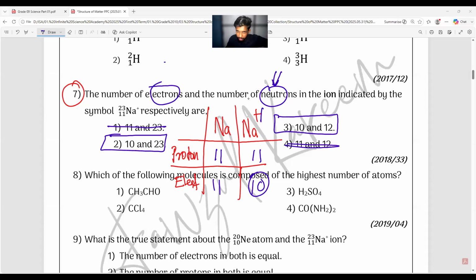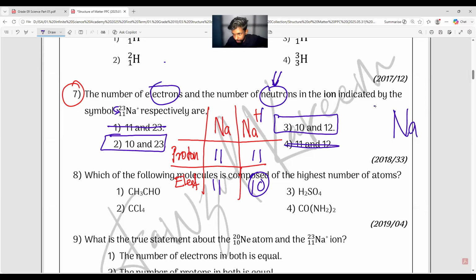If you want to find the neutrons, you want to subtract this one from this. Here for the sodium, they have given two numbers. This is the mass number, this is the atomic number. So you want to subtract 11 from 23. So the answer will be 12. Today only I am explaining that one. Before, in the previous question, I didn't explain this. So here, the number of neutrons is 12. So the third one is the answer.